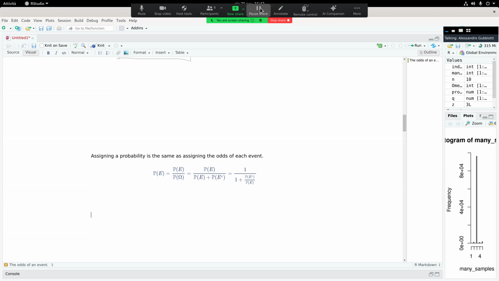So we see that, what do we do when we do a conditional probability?